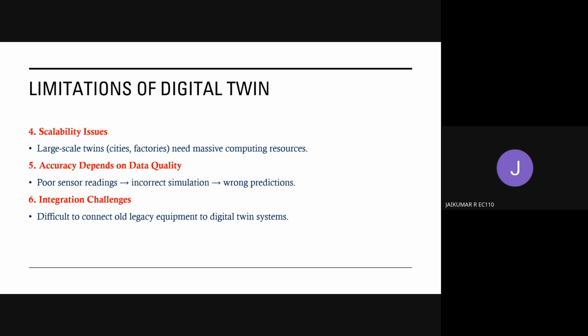Next one is scalability issues. As I mentioned, you can have a digital twin from a simple system to a complex system. If you are having a digital twin of a larger system like a city or factory, we need to have massive computing resources and a lot of infrastructure.